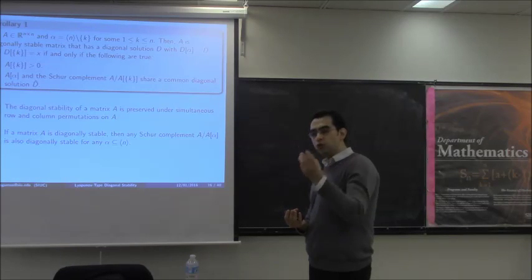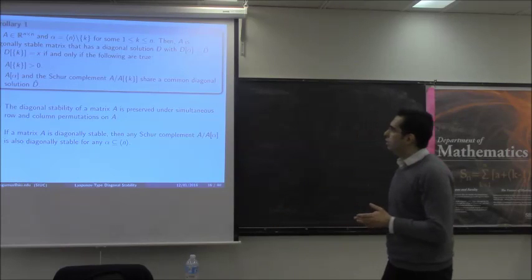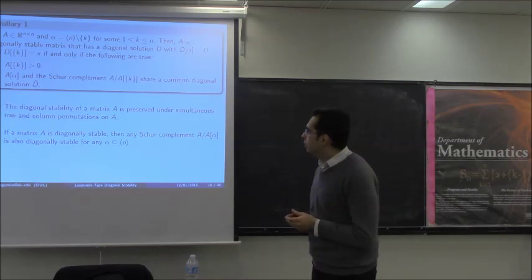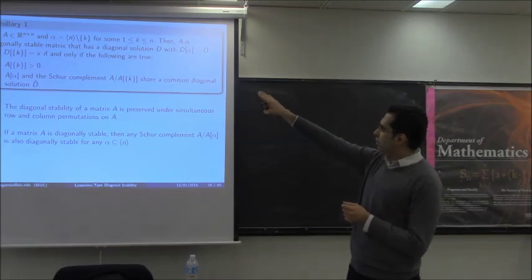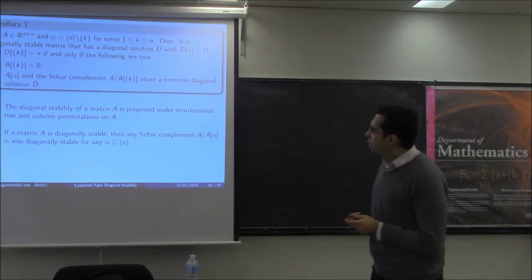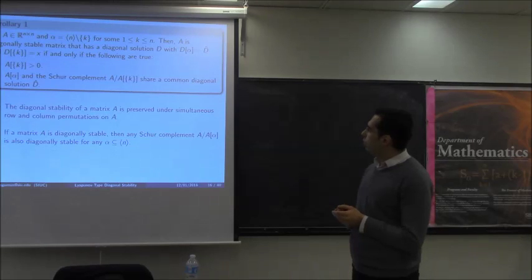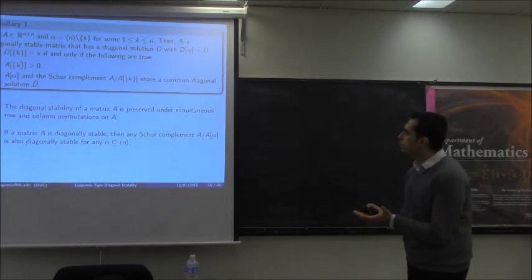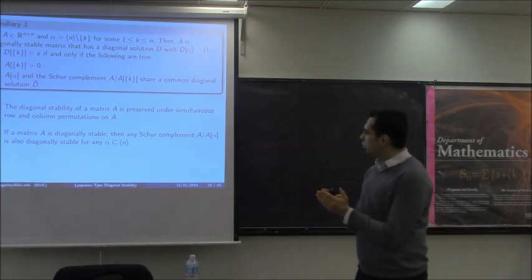If we choose a diagonal entry on the matrix A, say in the k position, if A_k is a positive number, and alpha is the set n minus k, and A alpha and the Schur complement of A_k in A share a common diagonal solution, that gives us the diagonal stability of the matrix A. This result is based on two other results.